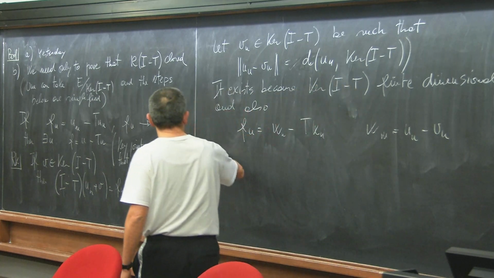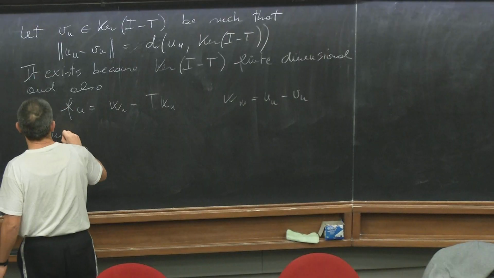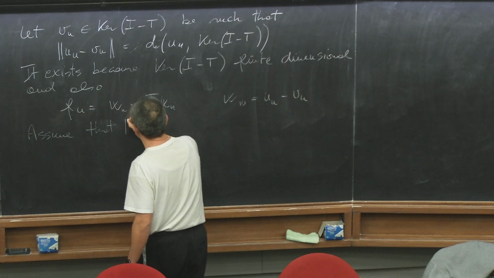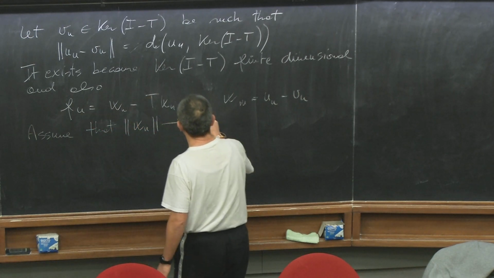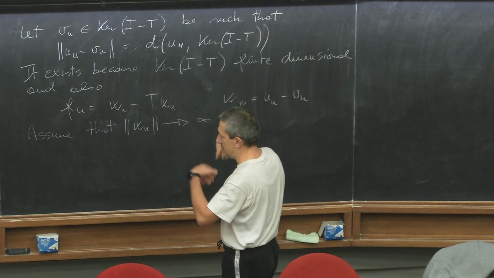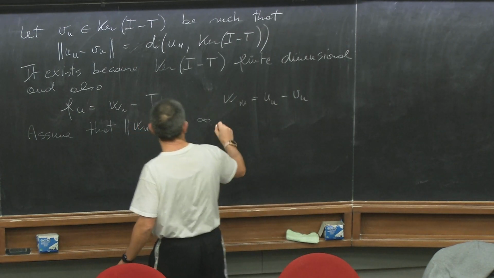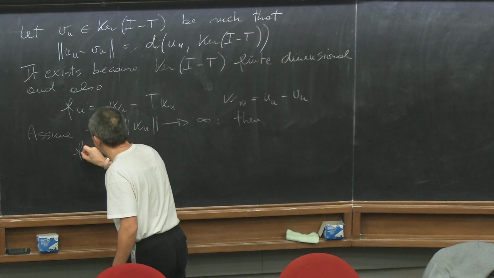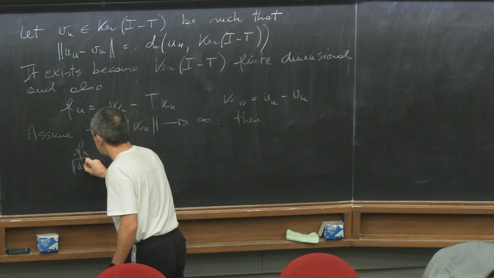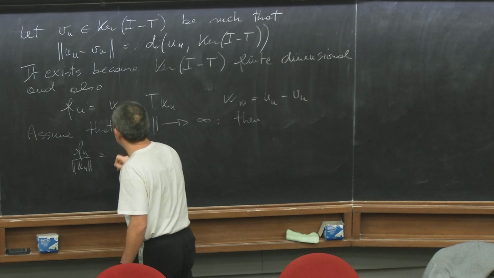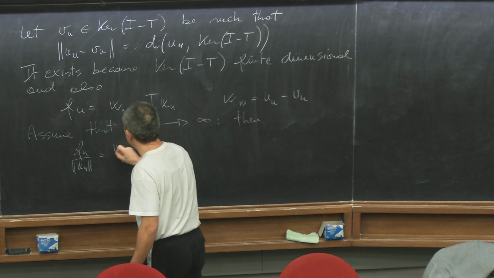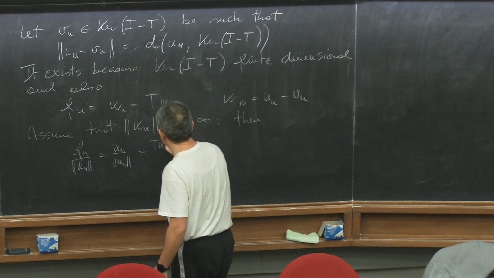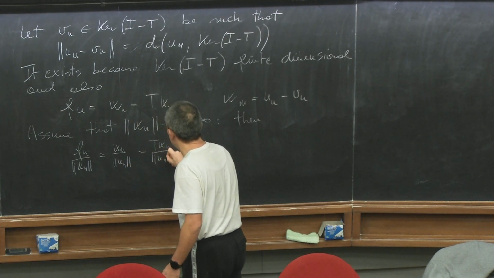So assume that the norm of Wn tends to infinity. We divide Fn by the norm of Wn, which is equal to Wn divided by norm of Wn minus T Wn divided by norm of Wn.